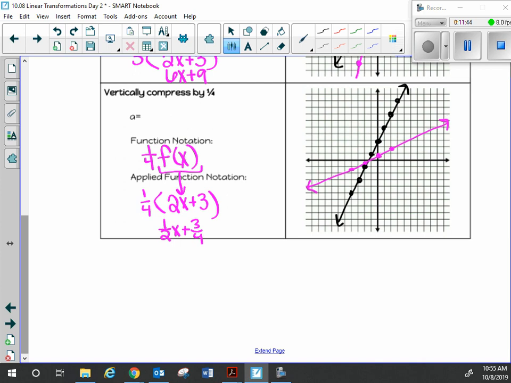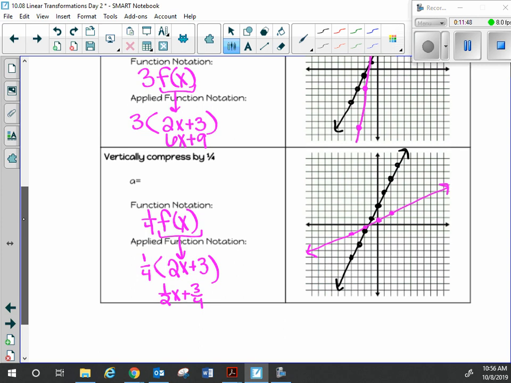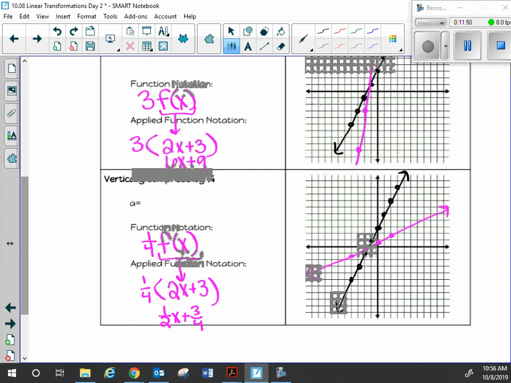So as y'all are graphing, thinking about looking back at all of these rules that I applied, everything that I did happened outside of f of x, right? I either multiplied the entire f of x, I added to it, I changed the sign of it. Everything happened outside.